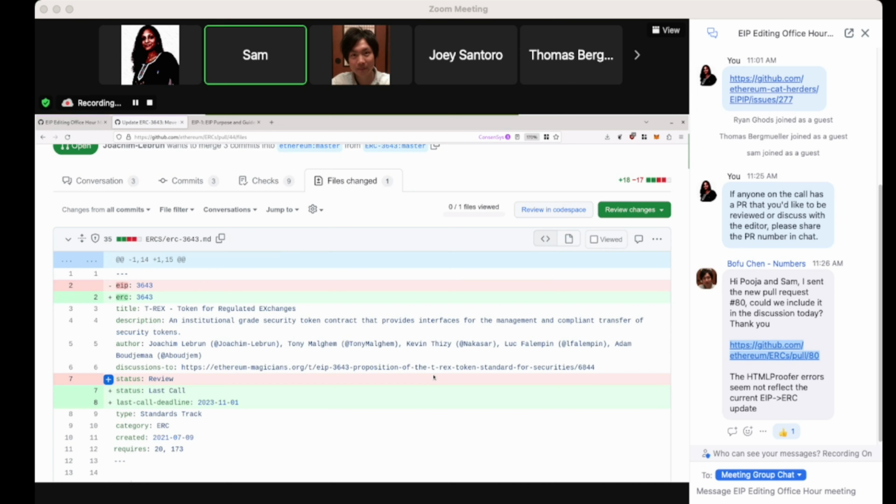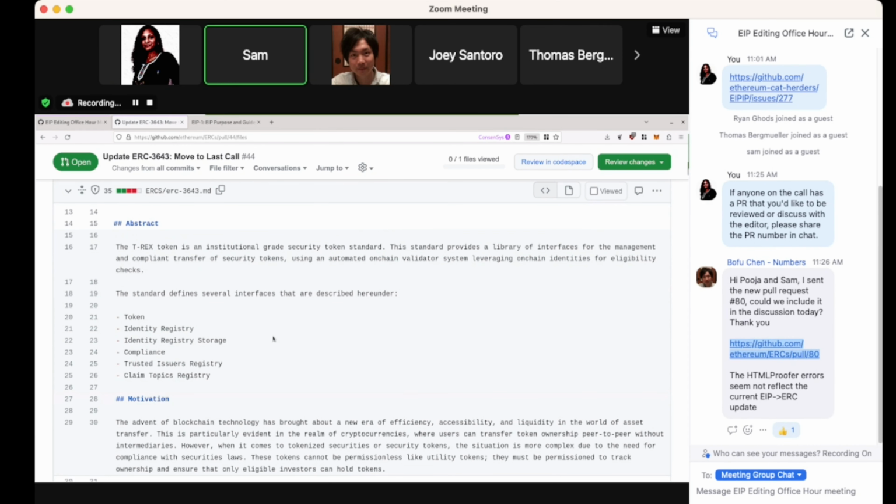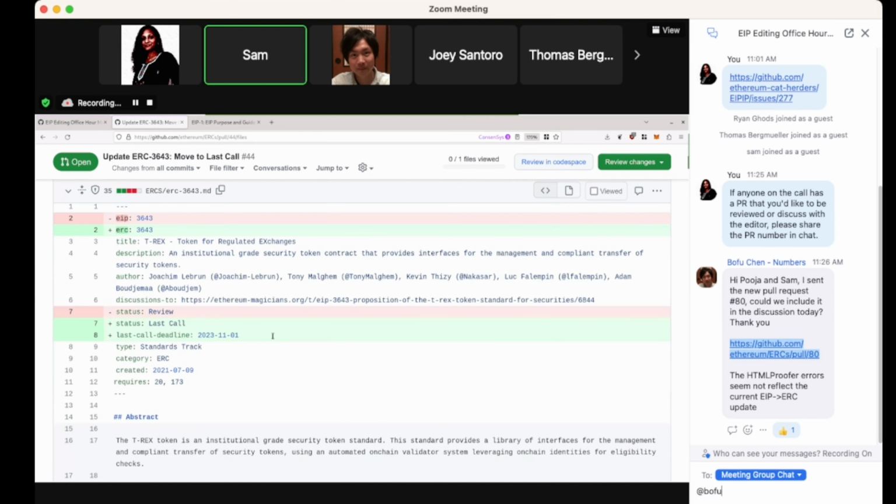T-REX, token for regulated exchanges. An institutional grade security token contract that provides interfaces for management and compliant transfer of security tokens. Let's expand all these first. And where are we going with this? This is last call.